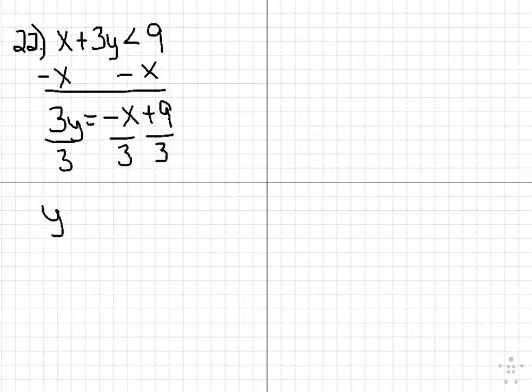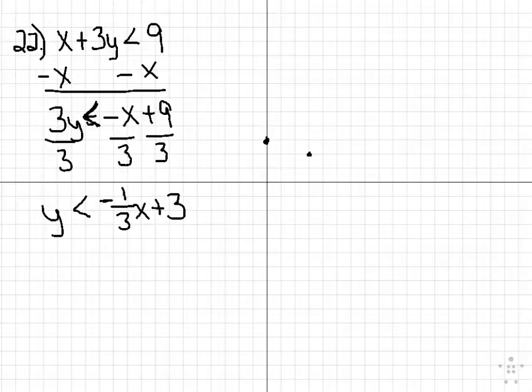So y, and that shouldn't be equals, that should be less than. y is less than negative 1/3 x plus 3. So I go up to 3, 1, 2, 3, put a point, and then I go down 1 over 3. 1, 2, 3. Rise over run. Now, this is going to be a dashed or dotted line, since there's no equal sign with the inequality.